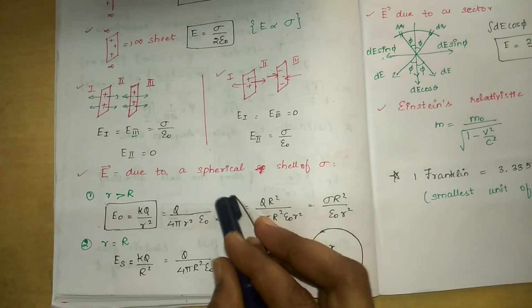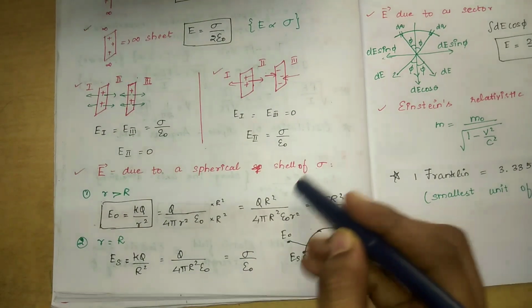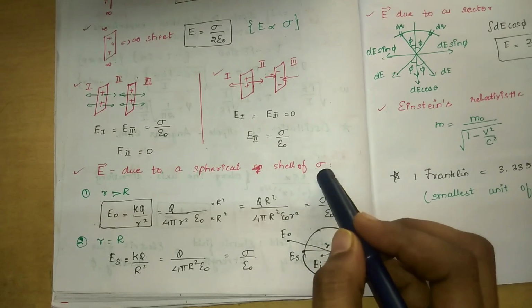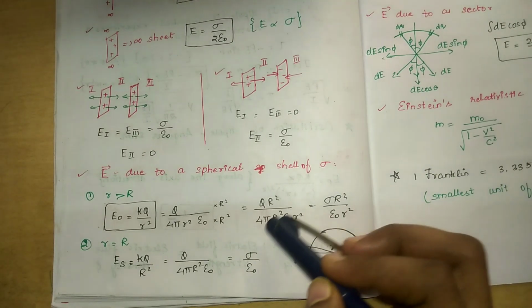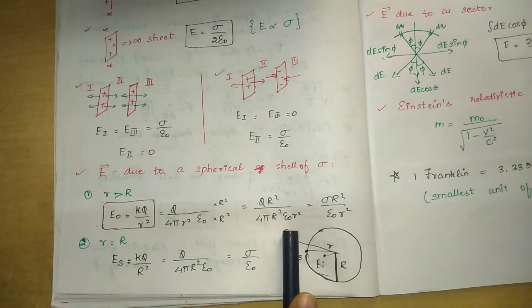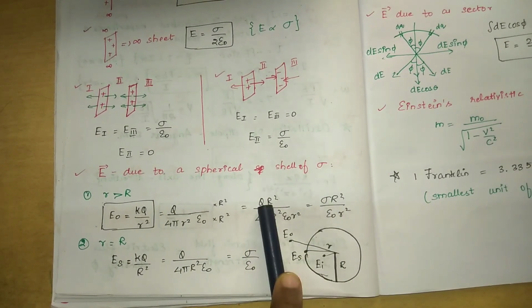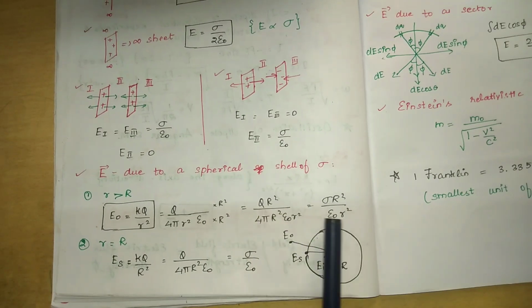In this equation, if you multiply the numerator and denominator by r square, you will get this one. So what is surface charge density? This is Q divided by area. Charge per unit area is the surface charge density. So charge divided by area, which is 4 pi r square for a sphere. If you take this, you can write sigma r square divided by epsilon naught into r square.